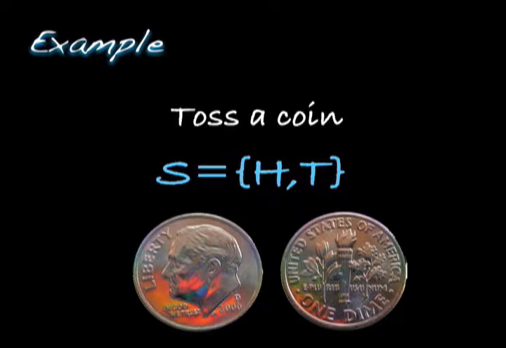That means the sample space will have two outcomes, the heads and the tails.